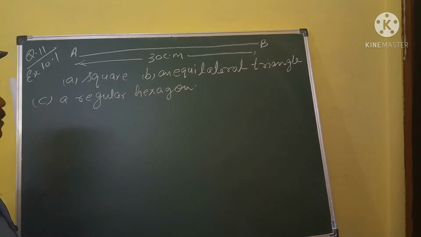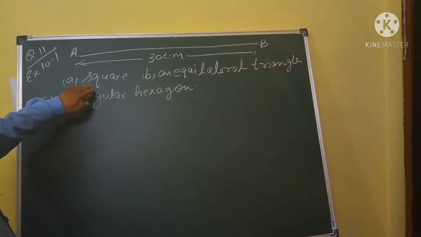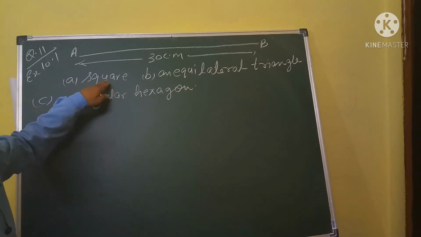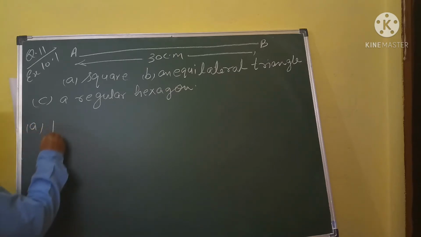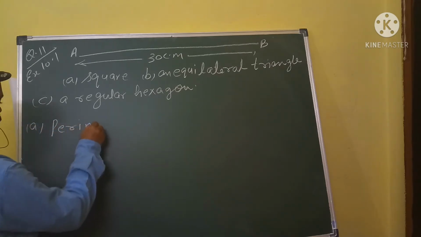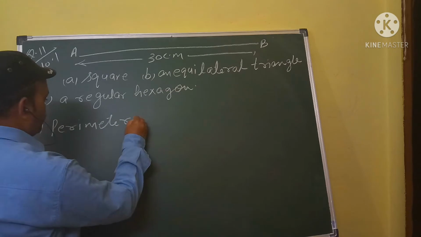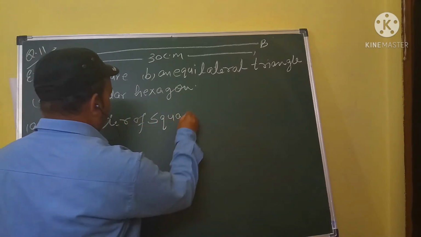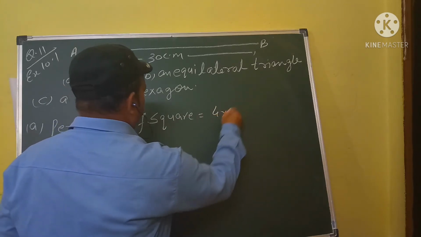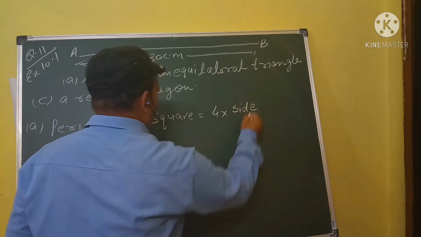Okay, so first we will discuss the length of each side of the square. In this question we will apply the formula of perimeter. For a square, the perimeter of a square is equal to 4 into side.